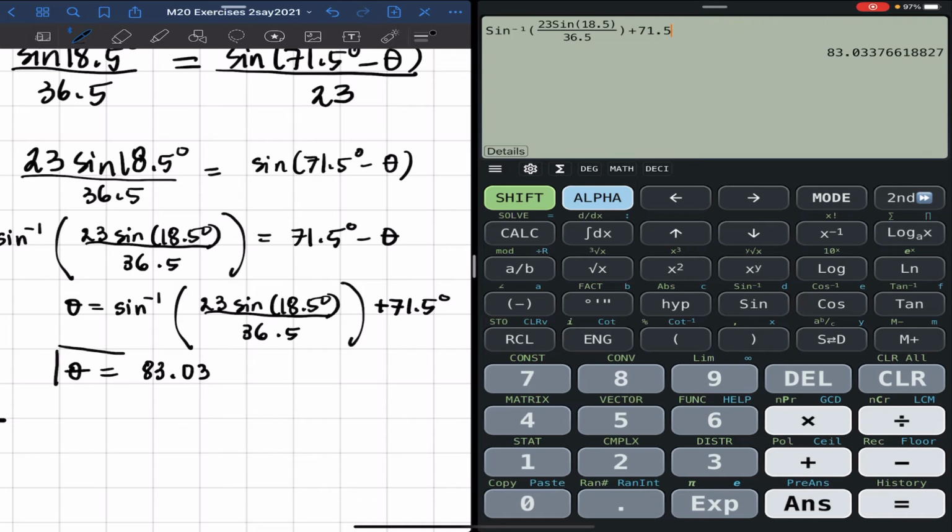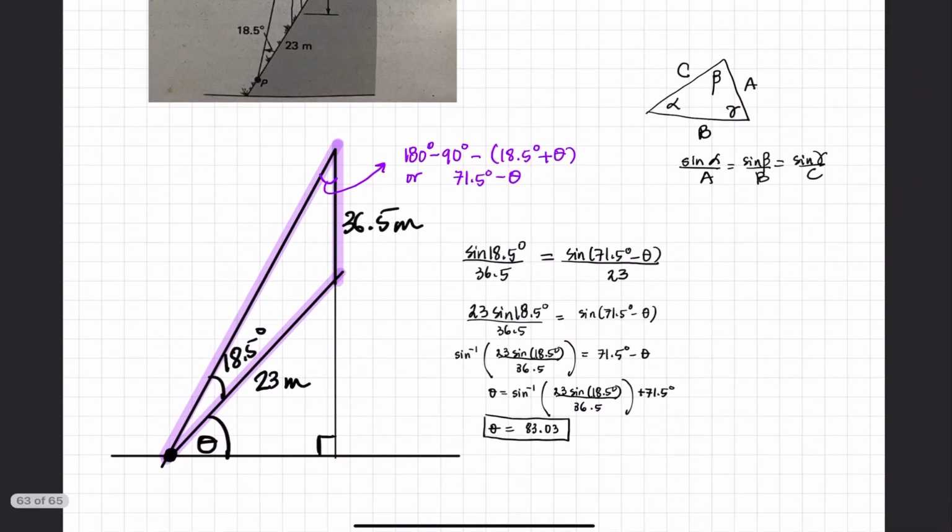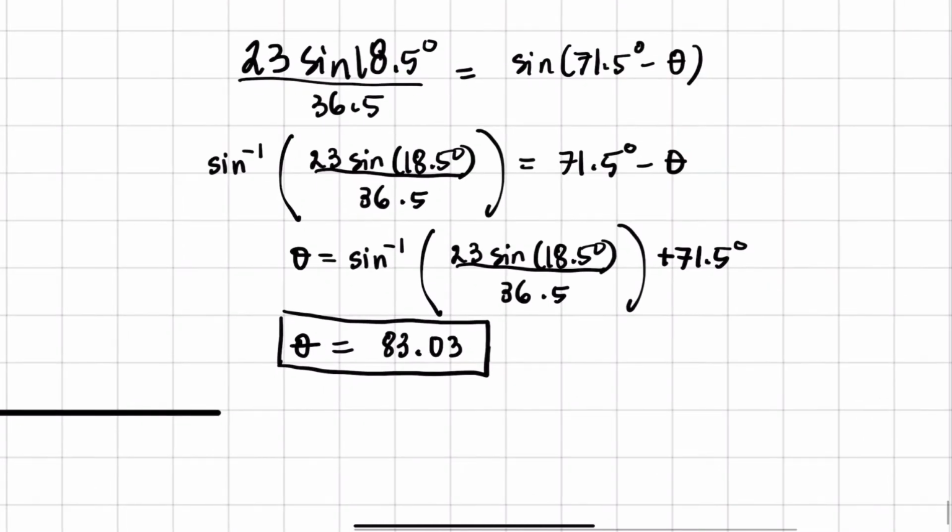Pero round off to 2 decimal places na lang tayo, class. So, yan yung angle na ito. So, sa problem, ito yung pinapahanap niya. This is 83.03 degrees daw, based sa ating calculation. Lagyan ng degree.